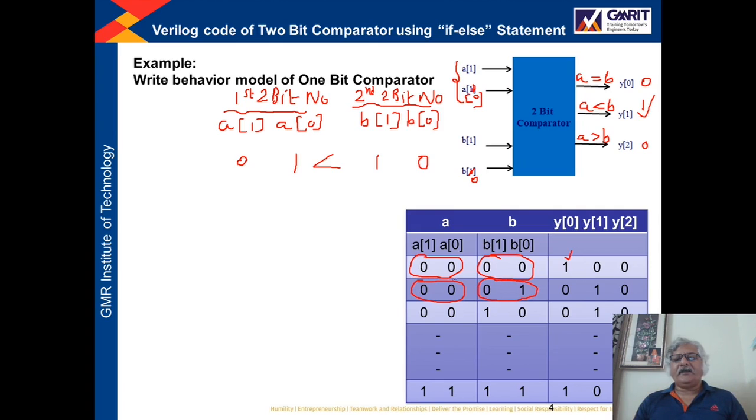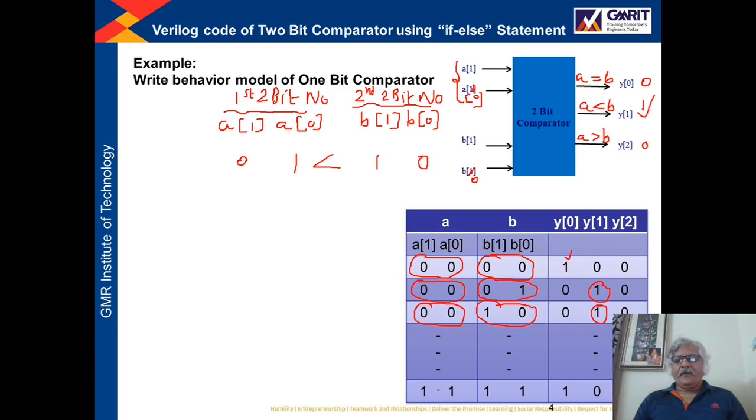In this case, A is less than B, so Y1 is 1 and the remaining two outputs are 0. Now again, A is 0, 0, B is 1, 0. So again, A is less than B.